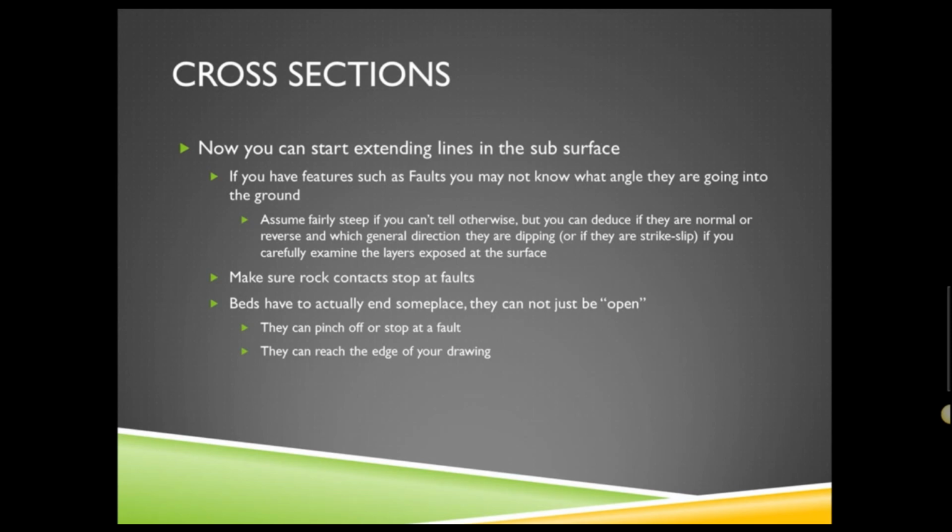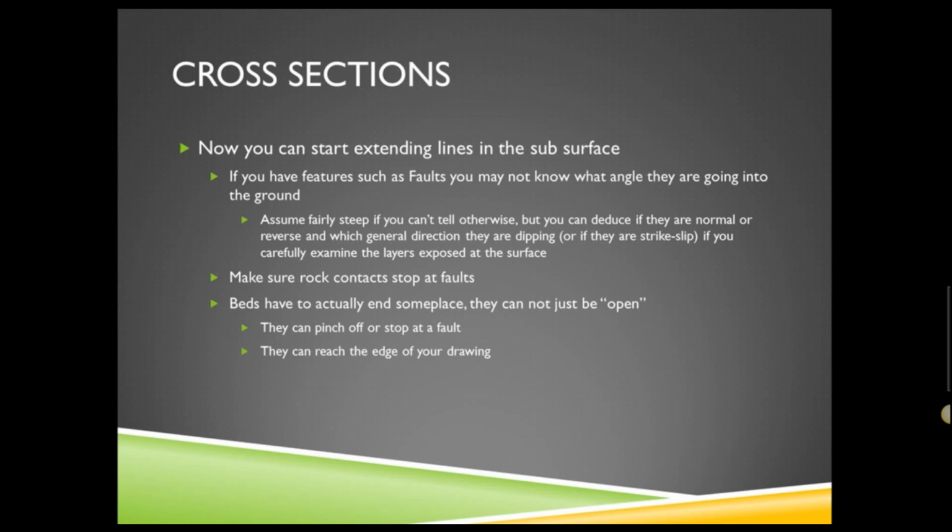You can use the sequence of bed exposures to figure out which way it's dipping and if you have a normal or a reverse fault or even a transform fault. So then go ahead and once you've figured that out, draw it in.